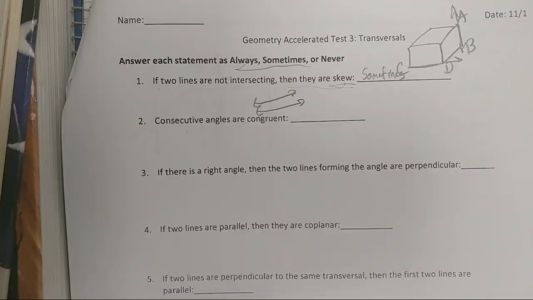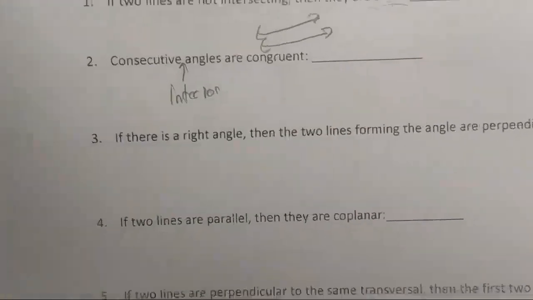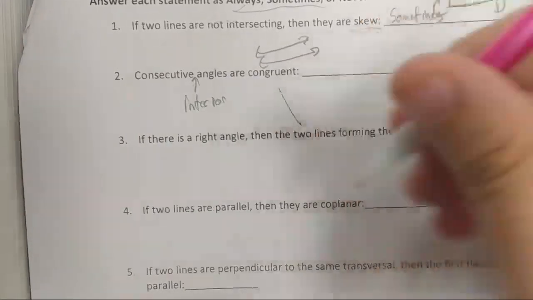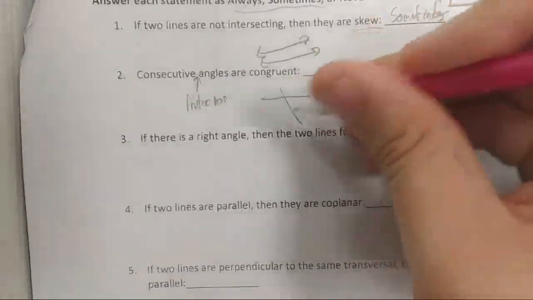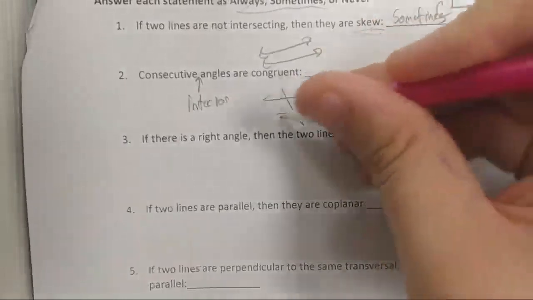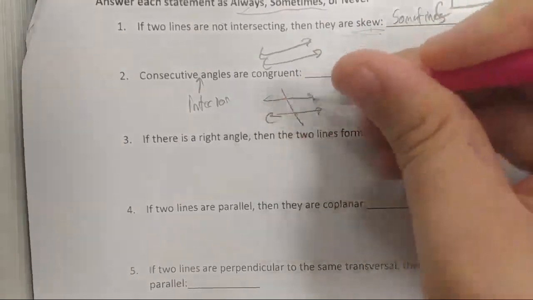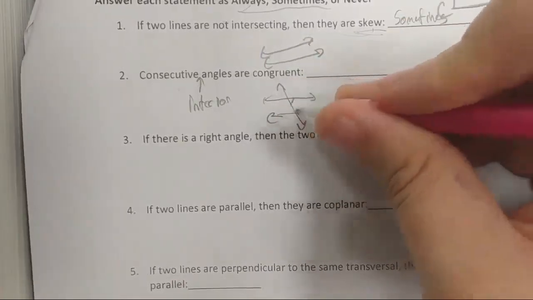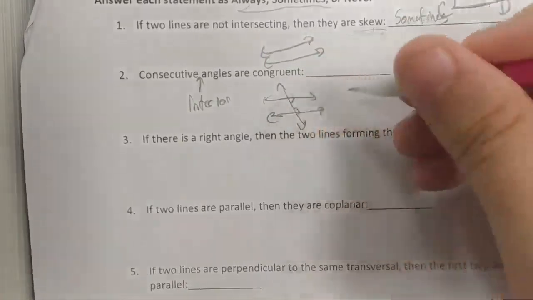Consecutive interior angles are congruent. Now if you don't remember what consecutive interior is, it's the transversal thing. What is a transversal? Well, it's that one line that crosses the two other lines. So consecutive interior means they're on the same side of the transversal and they're on the inside.